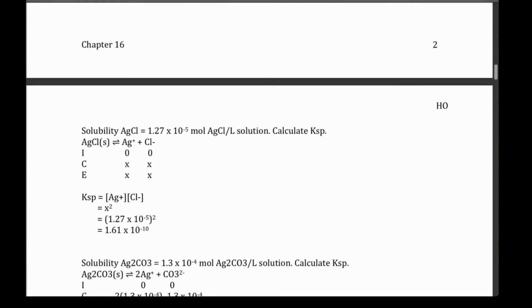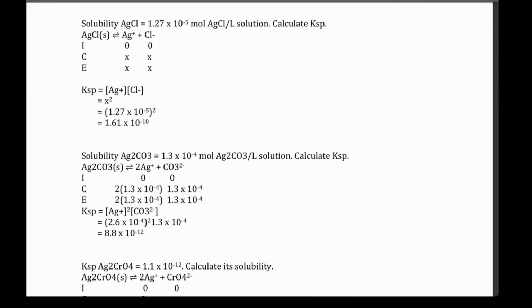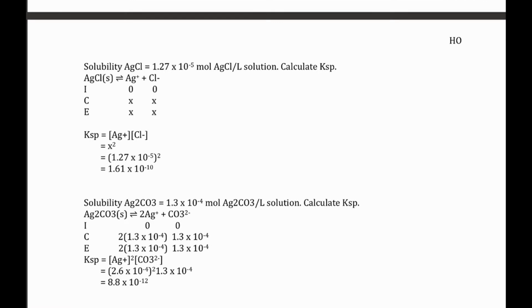Next we have some calculations where we go from solubility to Ksp or from Ksp to solubility. We will do this problem where we're given the solubility of silver chloride to be 1.27 times 10 to the minus 5 moles of AgCl per liter of solution, and we will calculate the Ksp from that.